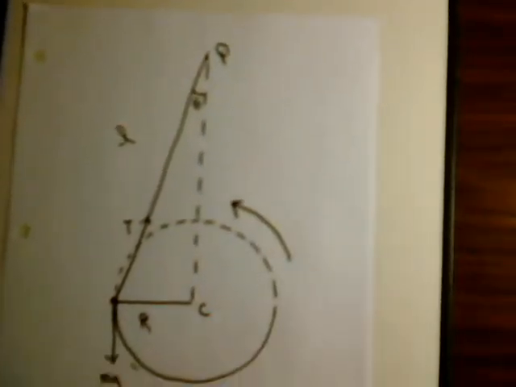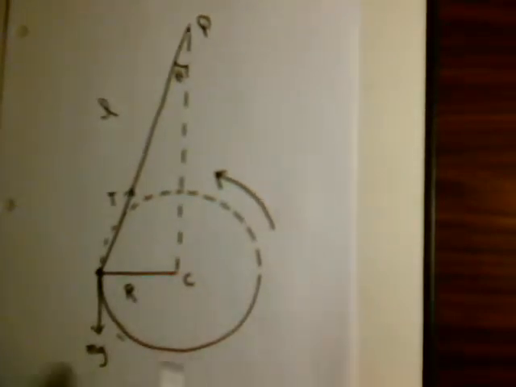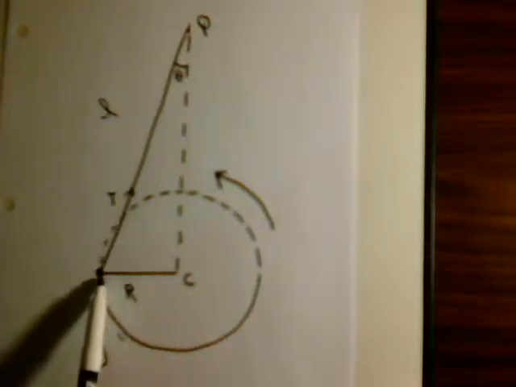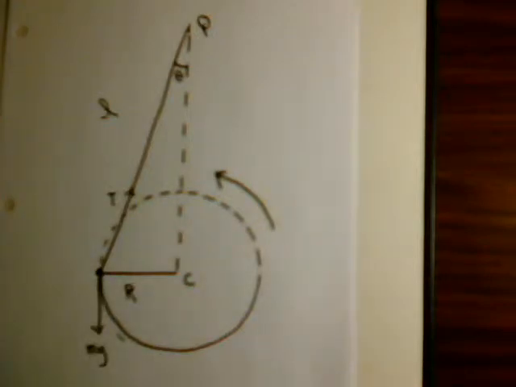mv, the momentum. Now here we have to think about what is happening. The particle is going around the circle like this, so right at this point here, that tangential velocity v, it's coming right straight at us.